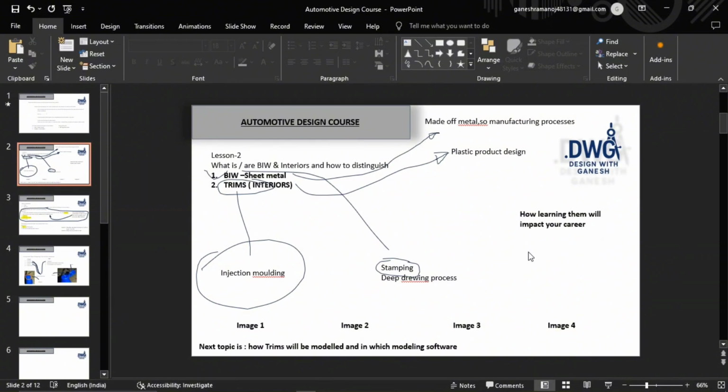So it is always suggested to keep good knowledge of manufacturing processes, not only in automotive design but in any industry. Let's focus more on manufacturing processes; that will help your entire career, irrespective of your working field. In the next video, we'll see how the trims will be modeled and which modeling software we are using.